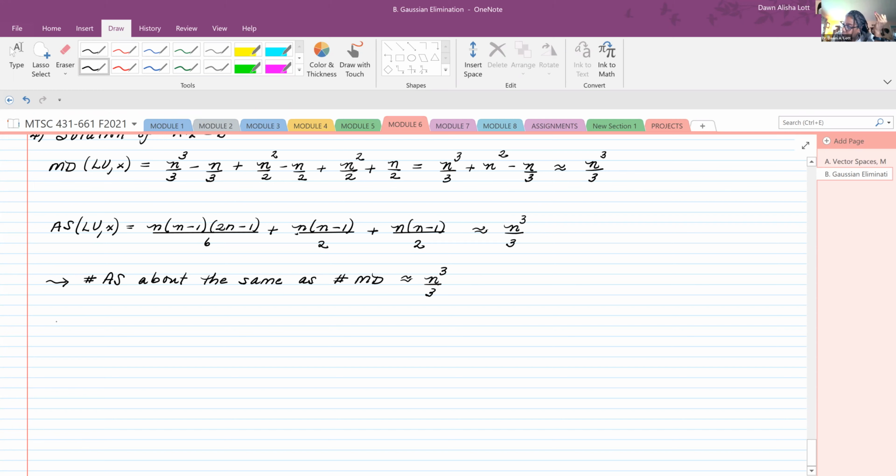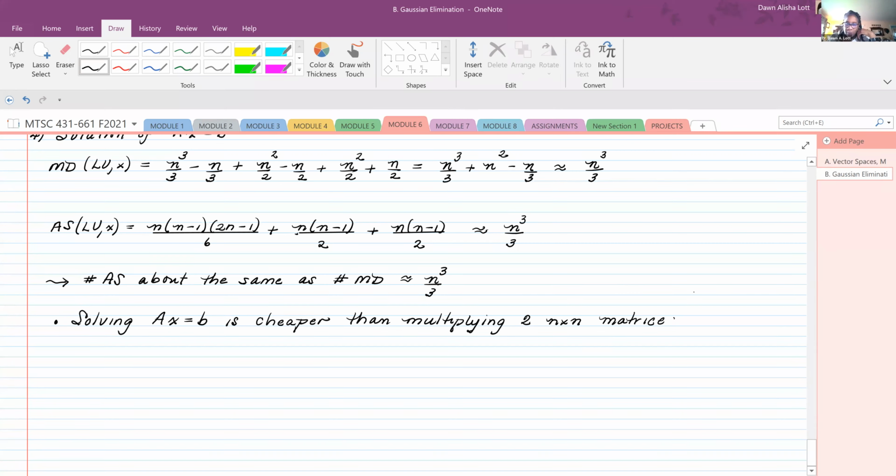The first point is that solving AX equals B is cheaper than multiplying two n by n matrices, and that's basically n cubed operations.